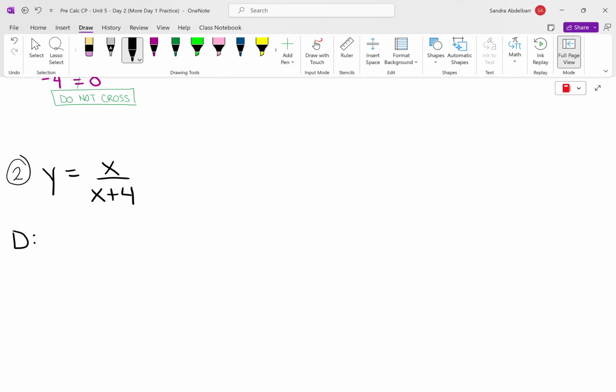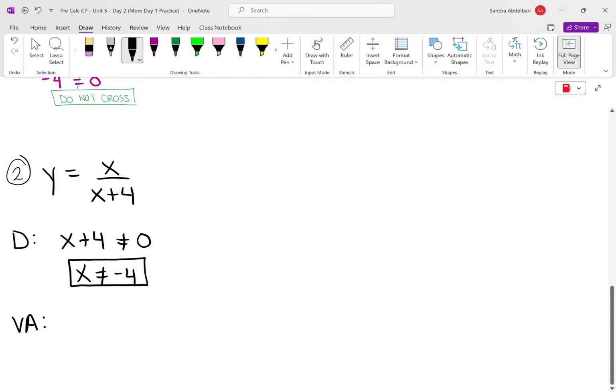So we're going to start off with our domain. How do we find the domain? Good, we set the denominator equal to 0. So we know x plus 4 cannot equal 0, so x cannot equal -4. Then we're going to do our vertical asymptote.